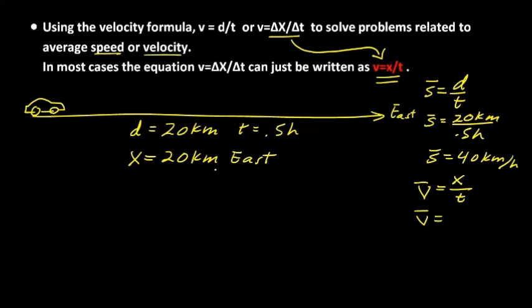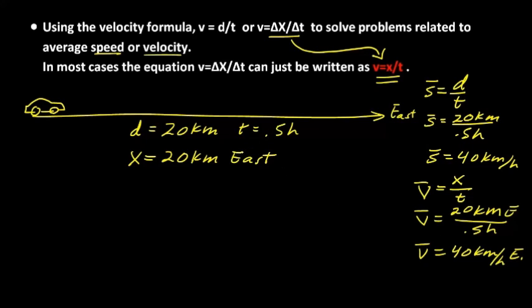So this is 20 kilometers east. And so we're going to say that here. We're going to say 20 kilometers east, divided by the time. Well, the time doesn't change. It's still 0.5 hours. And so the average velocity of this car is 40 kilometers per hour east. The E stands for east.